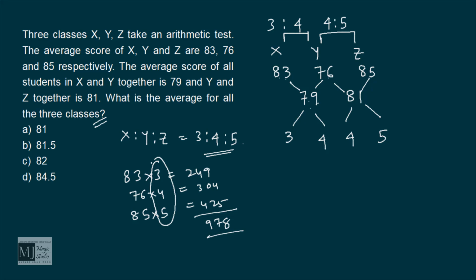Divided by the weights, 3 plus 4 plus 5, that is 12. So the average of the three classes combined should be 978 by 12, that is 81.5. Very interesting question. Do practice these kinds of questions.